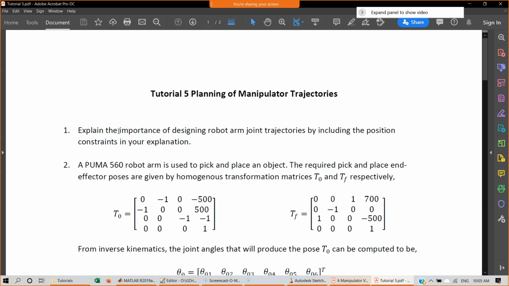So why do we need to design a robot arm joint trajectory? Because we want the end effector to move from one given pose to another pose, right? And it says including the position constraints. So there are 4 position constraints. We have initial position, we have lift off position, we have set down position, we have the final position.